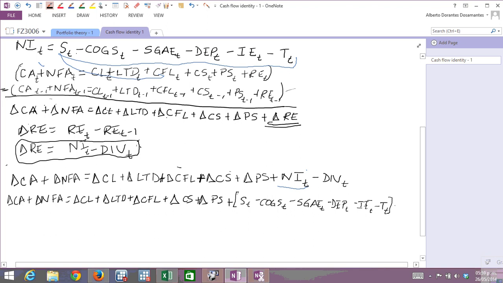This is net income minus dividend of time t. Okay, I'm very close to finishing, so I'm going to stop here and move the last part to part number 3.